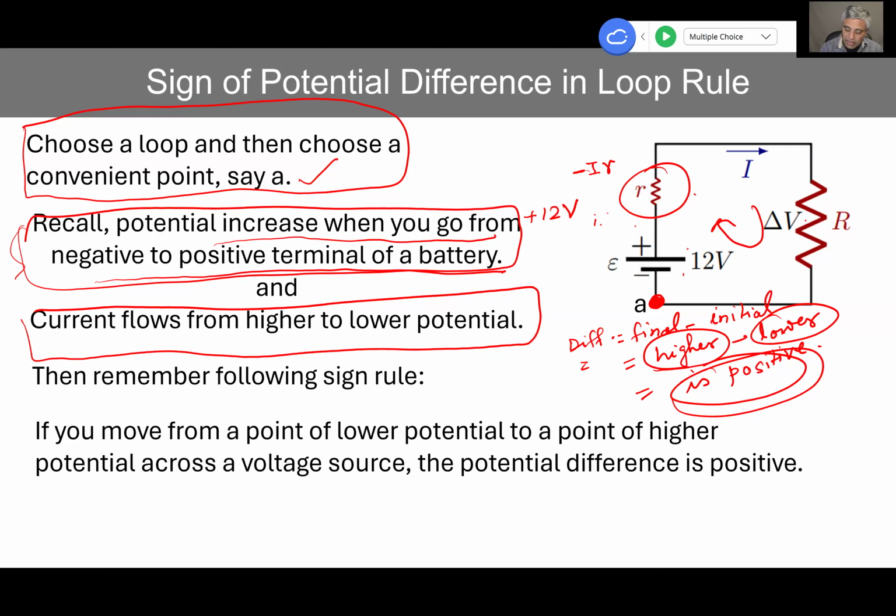Now we come back here and say that is delta V. We can also write that as I times R, uppercase R in this case. When your loop goes in the direction of current flow, it results in a negative potential drop, so it's going to be negative I times R.